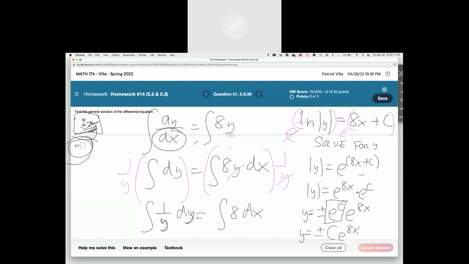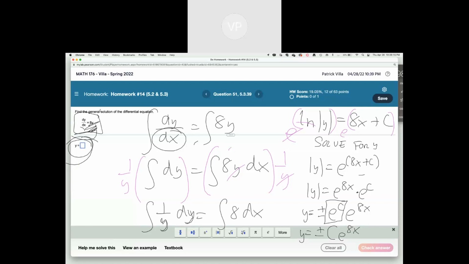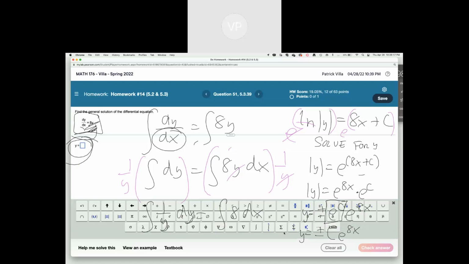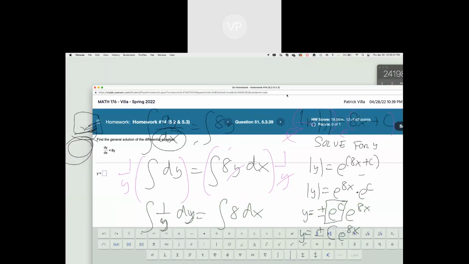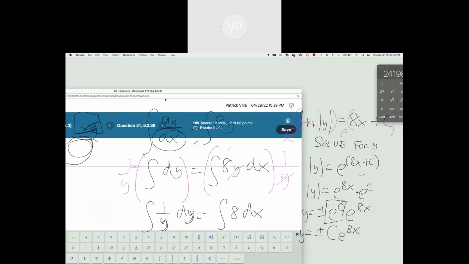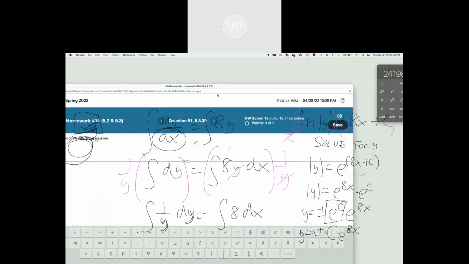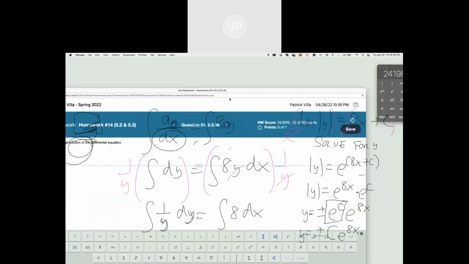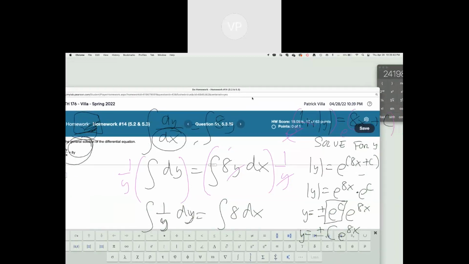So that's where I'm getting this answer right here, and that's the one that I'm going to try to plug in to this equation if I can right here. So we have the plus or minus, and I think you have a plus or minus in here somewhere. The plus or minus, remember, is just to get rid of that idea of the absolute value here. Okay, so if we have to, we can just do all right.